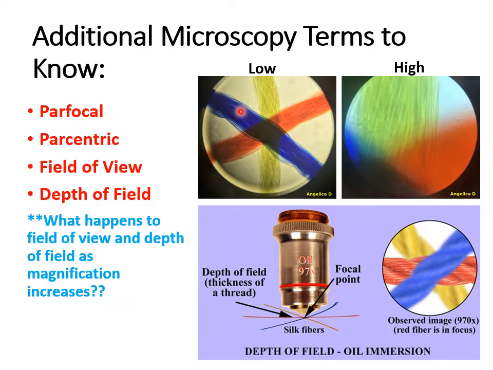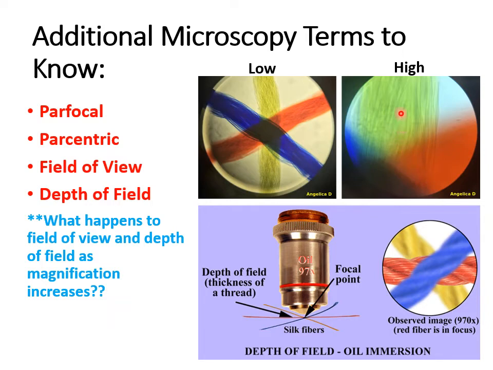So at low magnification, you notice you can see all 3 colored threads that are stacked on top of each other. You can see them clearly. Once you go to a higher magnification, what do you notice about that depth of field and field of view? Well, now you can only see the yellow thread clearly. The red and the blue have become blurry. Okay, so your depth of field has decreased.